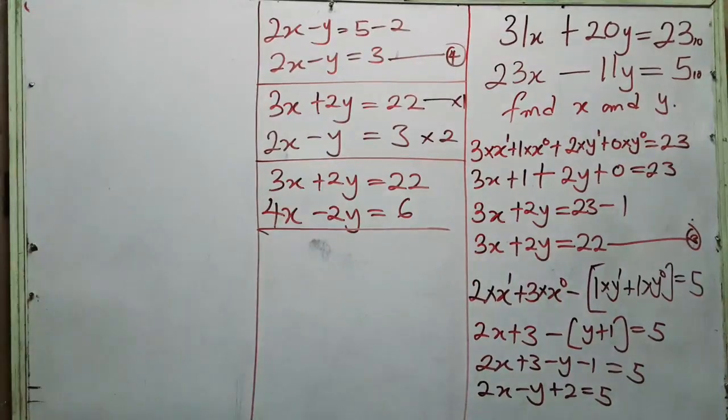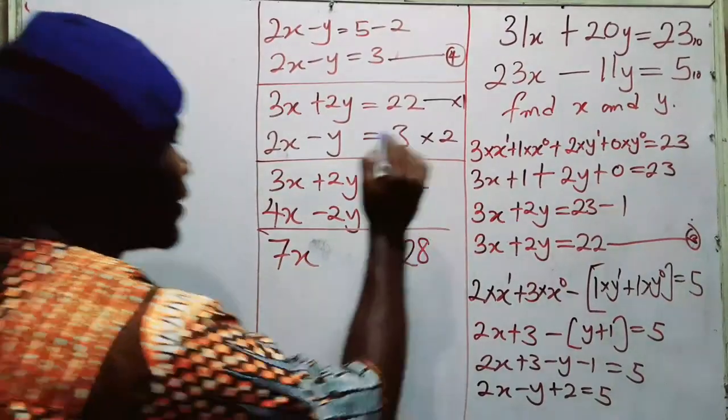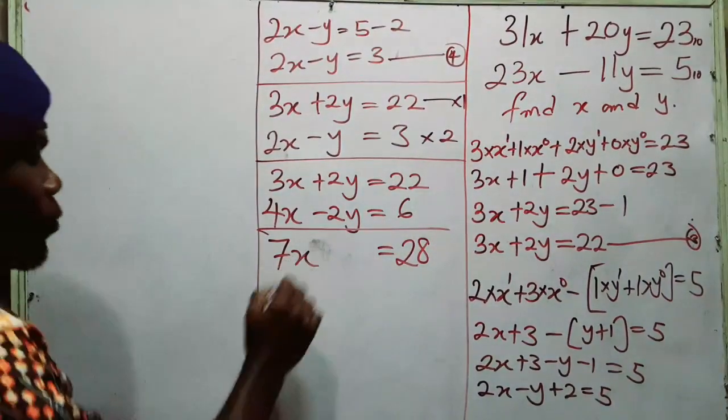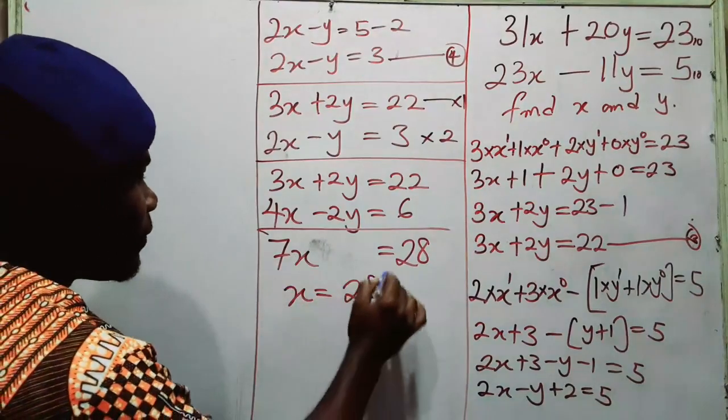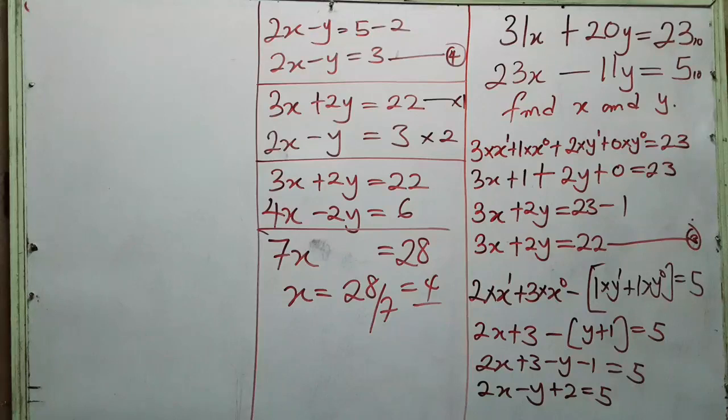So the moment it turns to 0, we have 7x is equal to 28. So that is exactly what we want. Therefore, we make x the subject of the formula, and our value of x is now 4.